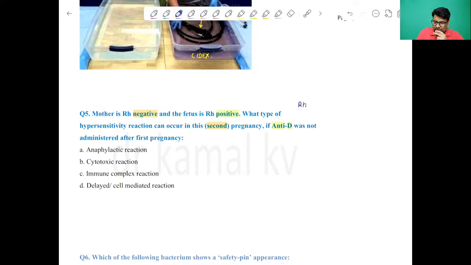So the mother is Rh negative, the fetus is Rh positive, right? After first pregnancy, usually there is no problem. And what we need to do as a doctor, we have to give anti-D, right? Either there is delivery, or there is abortion. In any of the cases, we have to give anti-D within 72 hours of the termination of the pregnancy, whether by delivery or by abortion.